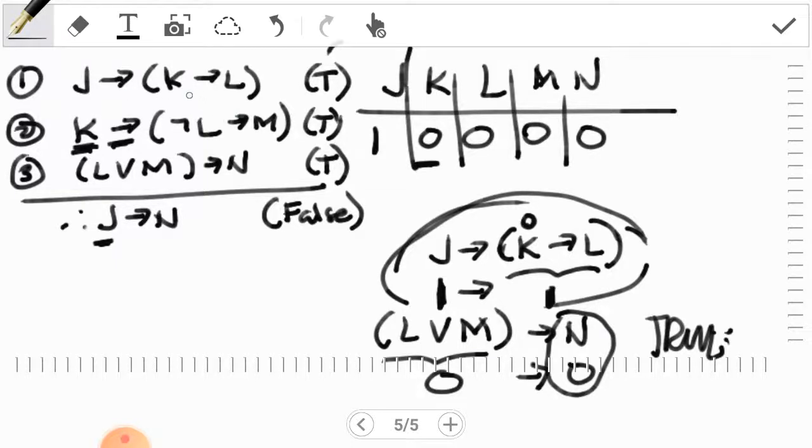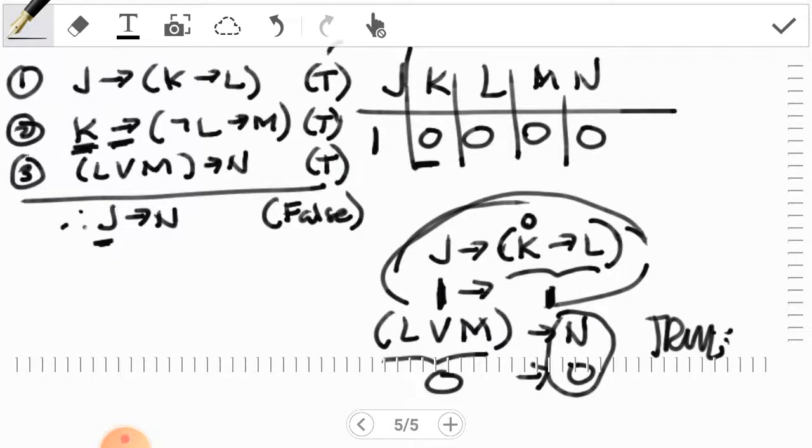Therefore, if K is false, this will be true. True implies true will be true. Check. Premise number 2. K is false. This is an implication. Regardless of the truth value of not L implies M, this entire proposition is true. Third proposition, L is false, M is false, false or false is false. False implies N is false, this would still be true.